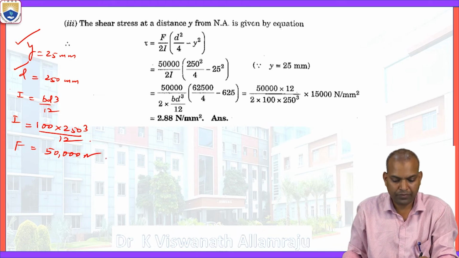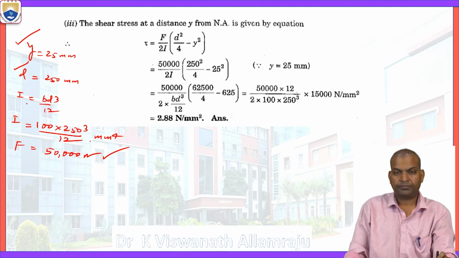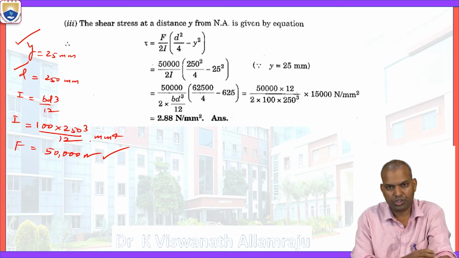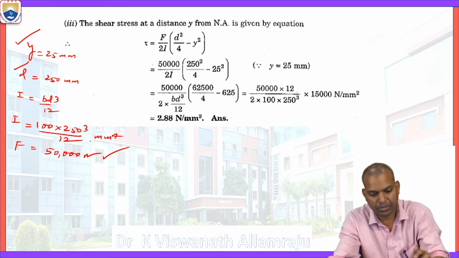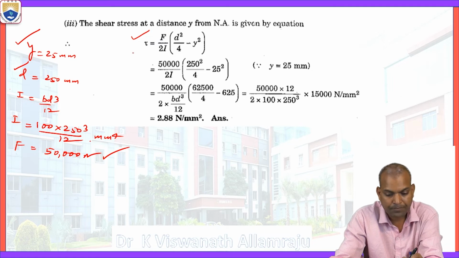So by substituting 50,000 newtons and also the depth values and the distance of the shaded area from the neutral axis, all these values after substituting in this formula, the formula is tau equal to F by 2I times d square by 4 minus y square.